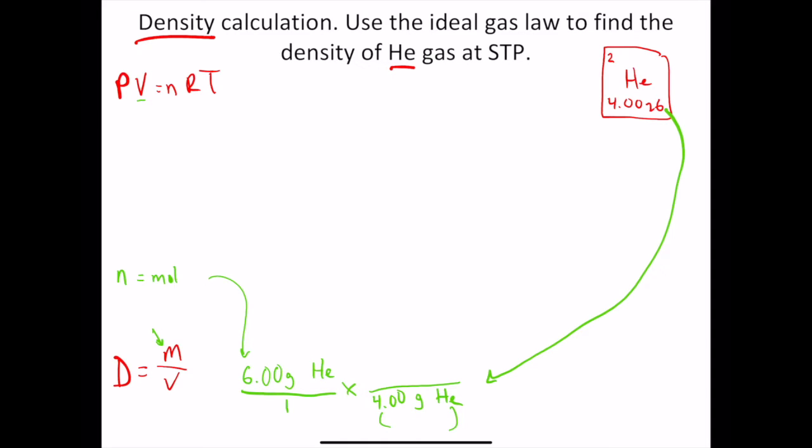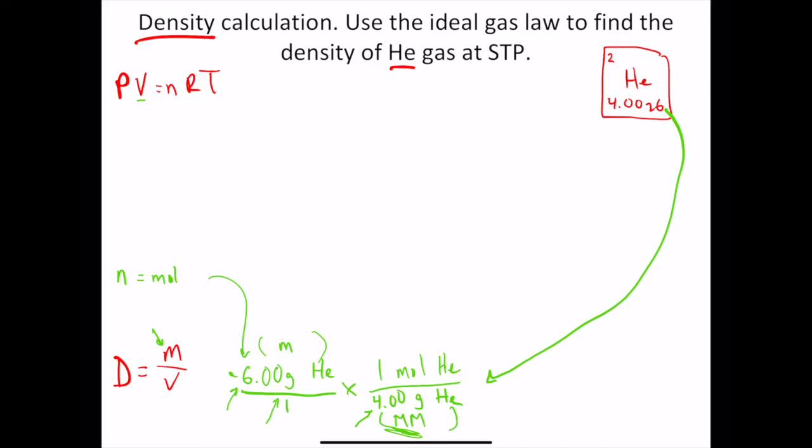So this is the molecular mass. And then on the top would be 1 mole because that's what we're converting it into. This 6.00 was the given, and down here is the molecular mass. If we think about what unit this is, it's in grams, and grams is just mass.